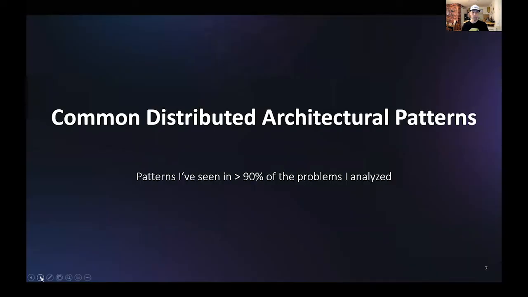I want to get started with talking about a lot of these patterns that I've seen in distributed architectures. I've been doing this, as I said, for about 20 years. I've helped people run tests, but also analyze tests and analyze distributed traces. And I've seen a lot of very basic common patterns. I'm not going to show you CPU optimization tricks to get a little nuance out.